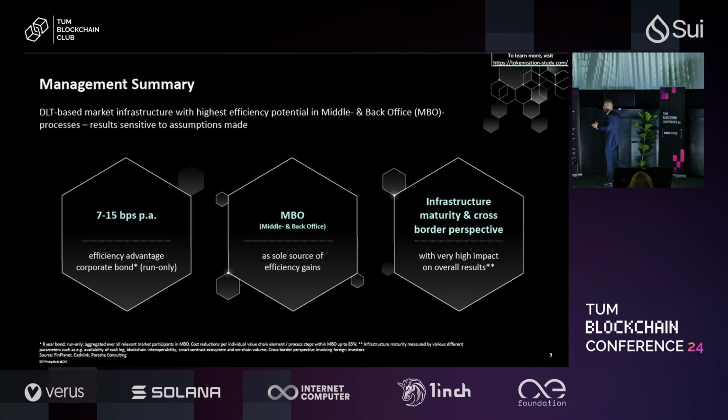Now you can say from the perspective of the end consumer or the end customer, 5 to 7 basis points is virtually nothing, and it's not very spectacular. But when you look at it from the perspective, let's say, from a large asset manager, and you're looking at 200, 300, 400, 500 billion assets under management, then you're talking about real money here.